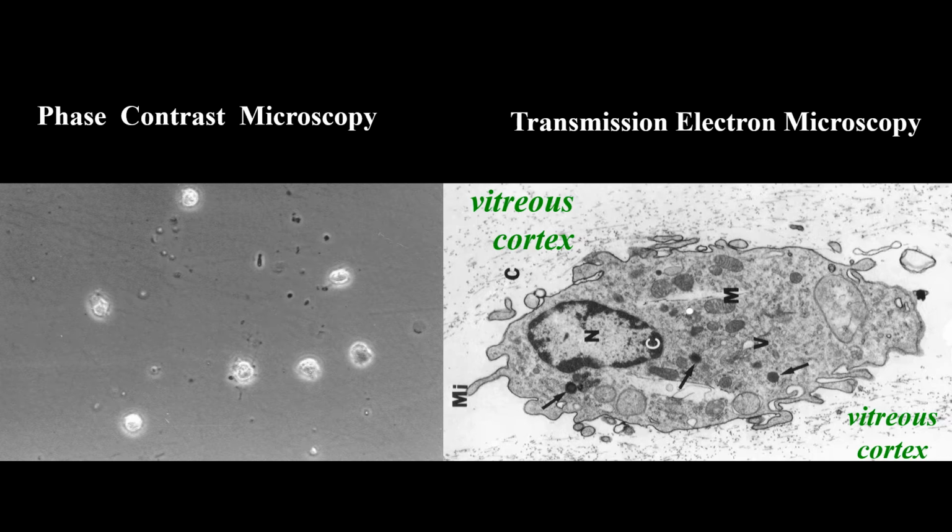The transmission electron micrograph on the right demonstrates the embedding of these cells within the dense collagen matrix of the posterior vitreous cortex, because you can see the collagen fibrils both anterior and posterior to the location of this hyalocyte in a human specimen.